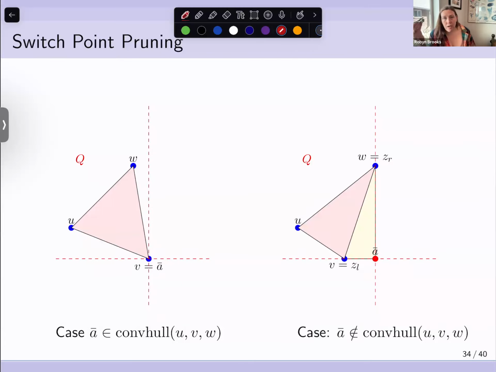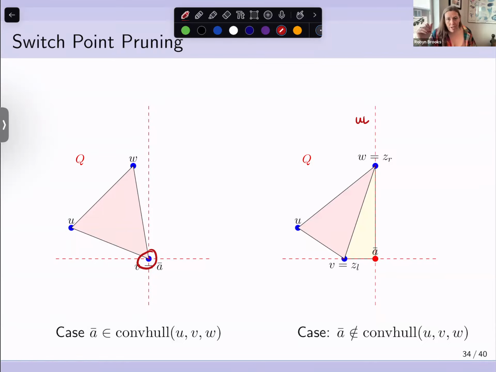Okay, so we generate this convex hull, and then we use it to partition parameter space into quadrants, right? So the quadrants are such that the convex hull of U, V, and W just lives in this upper L. In this case, there are two cases. The origin of these quadrants, this A bar, is either in the convex hull or it's not.